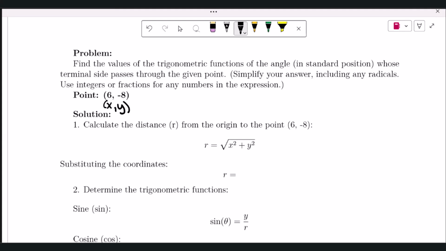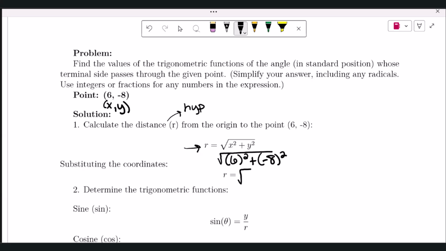Well, the distance r is the same thing as the hypotenuse. So you're looking at this and you're thinking, wow, that looks just like the Pythagorean theorem. You would be correct. We're going to follow that. That will give us the square root of x, which is 6 squared, plus y, which is -8 squared.